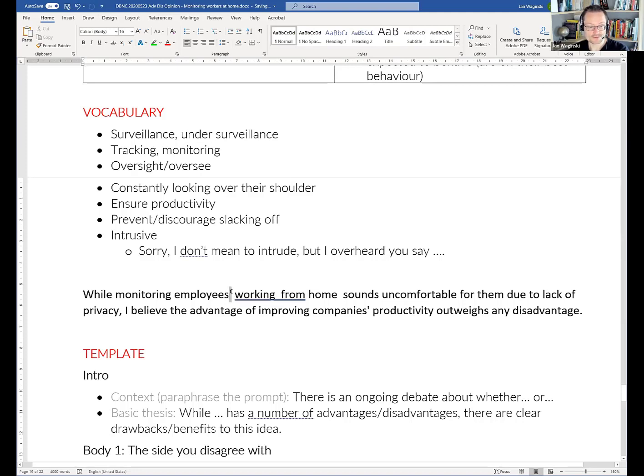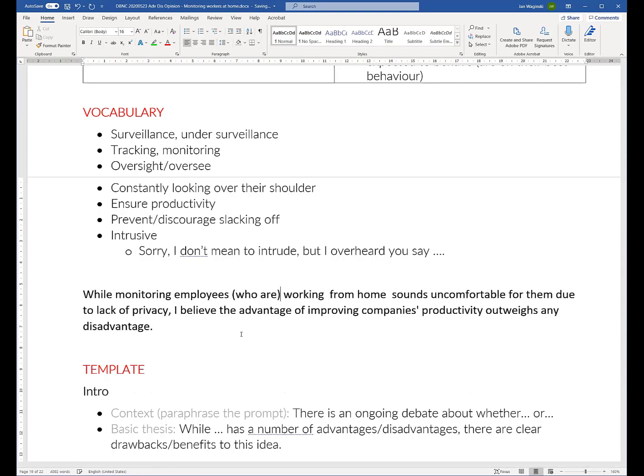If you get rid of the possessive, it's okay. Because this is short for who are working from home. Right, so this is a participial phrase, but if you make it possessive, it would need to be employees work from home. Yeah. Right.